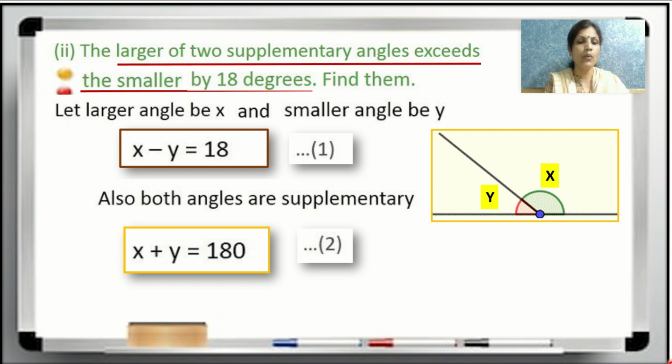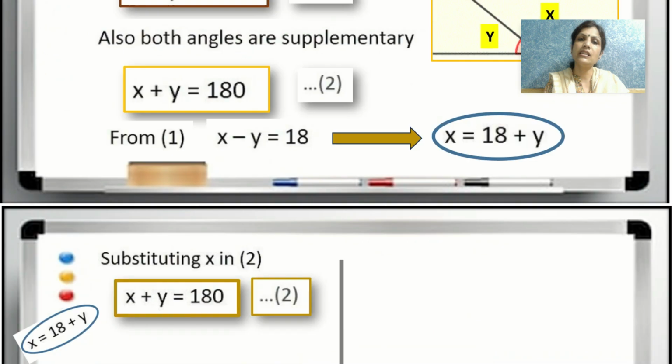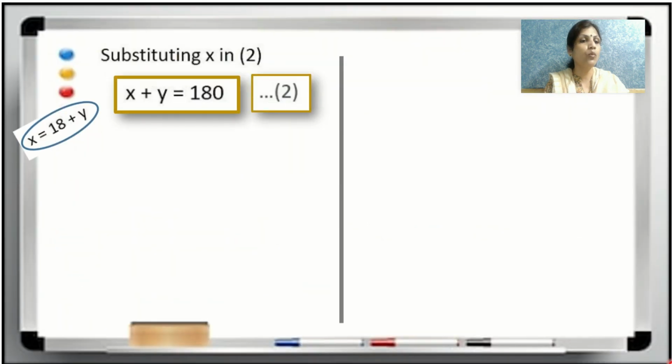From equation 1, x minus y is equal to 18, we can substitute the value of x, which is 18 plus y. This value we will substitute in equation 2. So x plus y is equal to 180 is our equation 2, and we are substituting the value of x as 18 plus y.